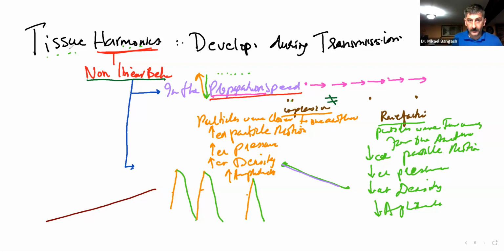So when we say that it develops during transmission, it means that slightly more and more energy from wave to wave to wave, or as that wave travels deeper and deeper, will increase and develop, becoming your tissue harmonics.